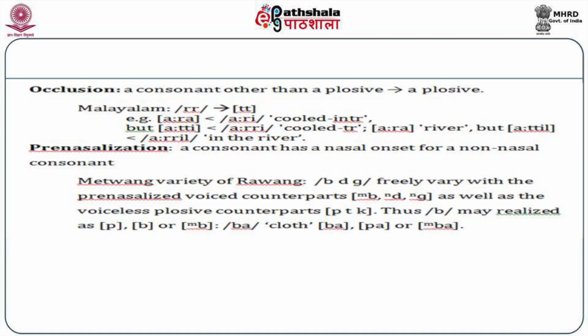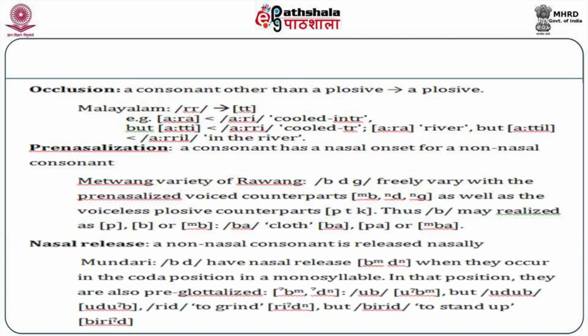Prenasalization, when a consonant comes to have a nasal onset, we have prenasalization. Thus, in a Tibeto-Burman language, Rawang, we find that a b or a d has a nasal consonant beginning the consonant. So b is pronounced as mb, a d is pronounced as nd. The examples are given on the screen.